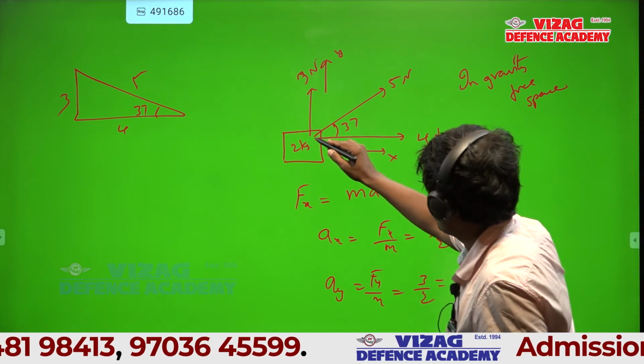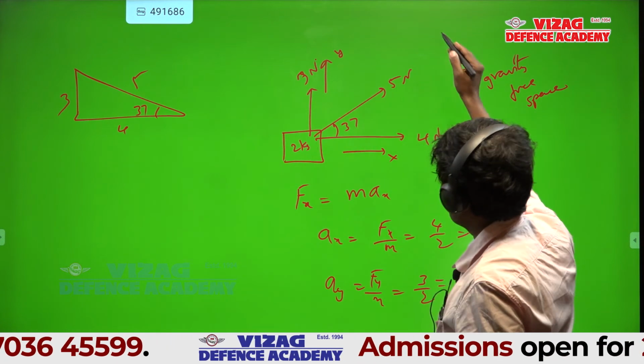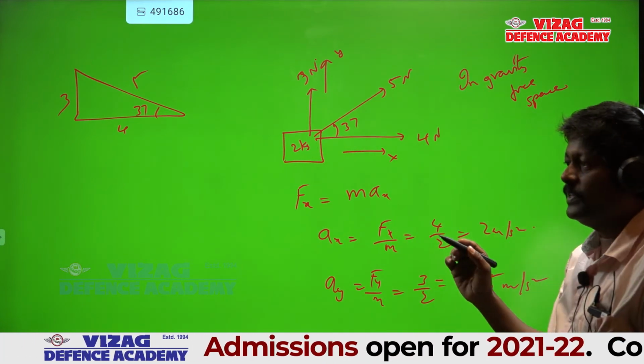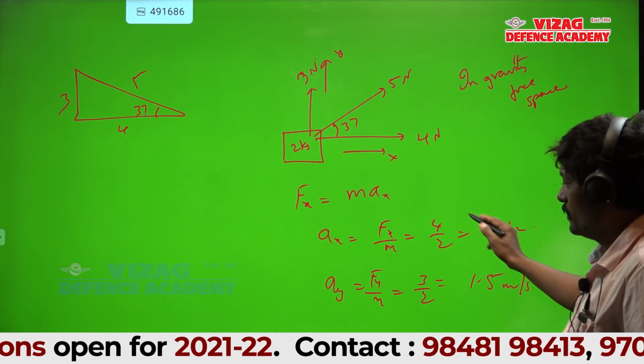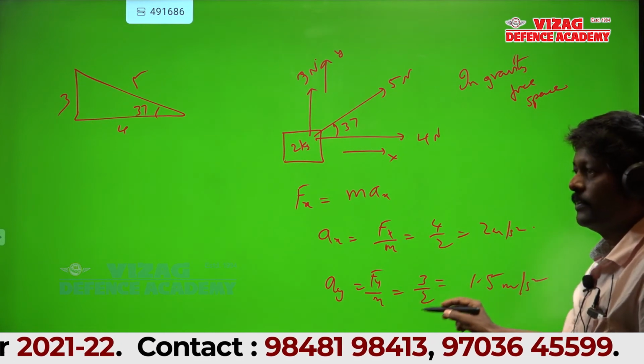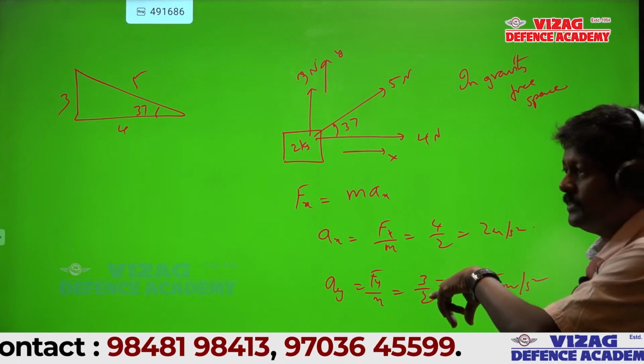The body may be going like this somewhere. Did you understand? It has acceleration of 2 meter per second square in the x direction, and 1.5 in the y direction. When is this condition?